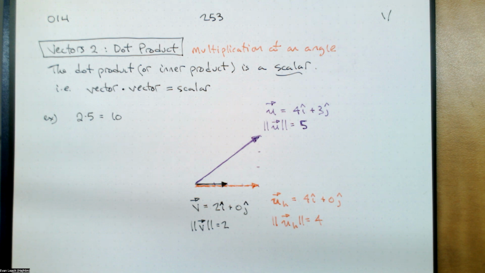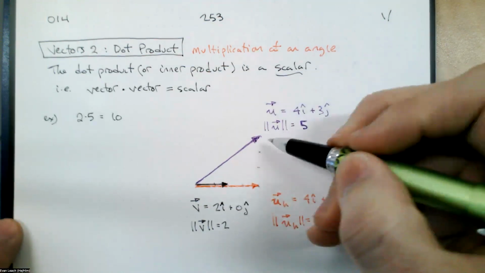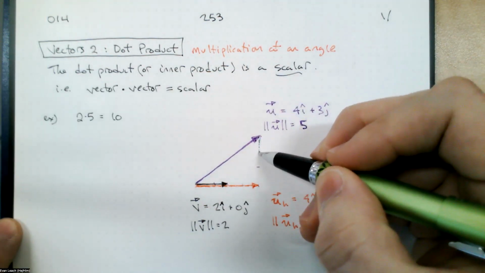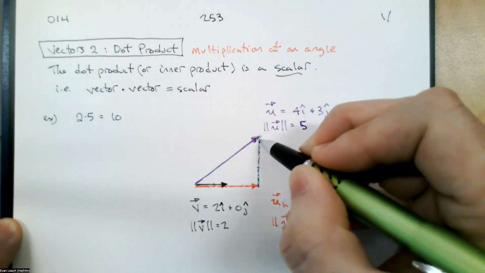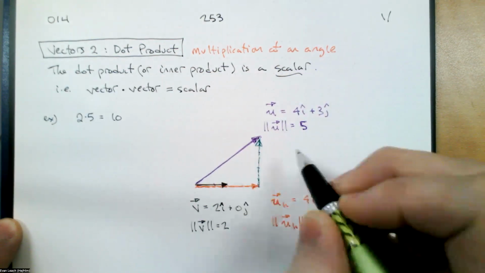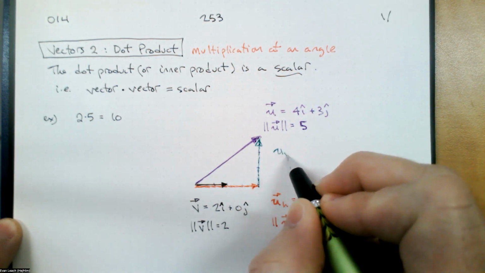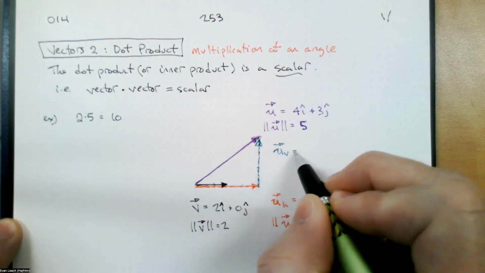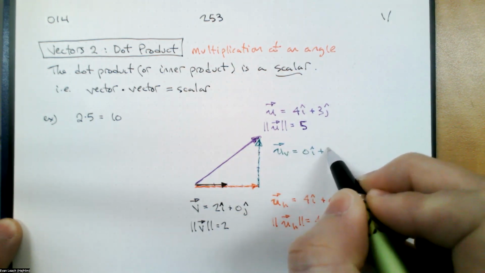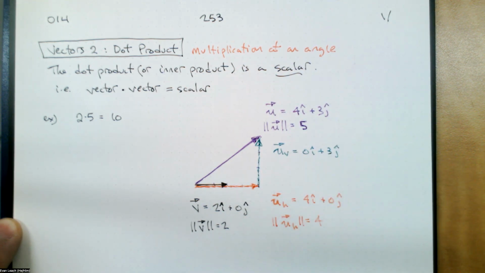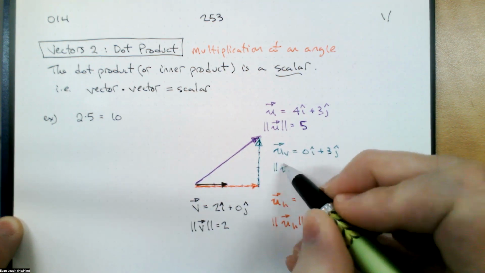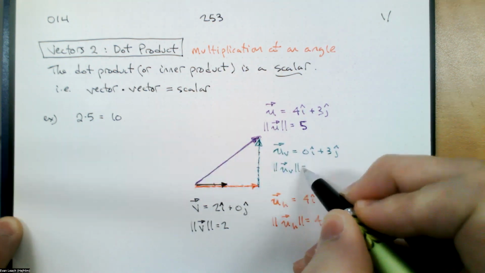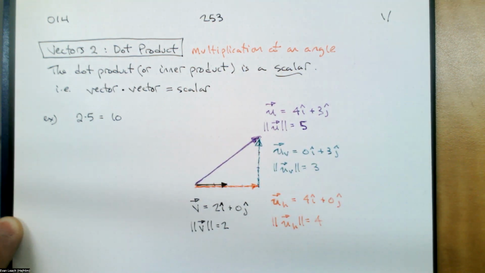And then I have the vertical component of the u vector. That's what gives it this upward angle. And the magnitude of the u vertical component is just 3.